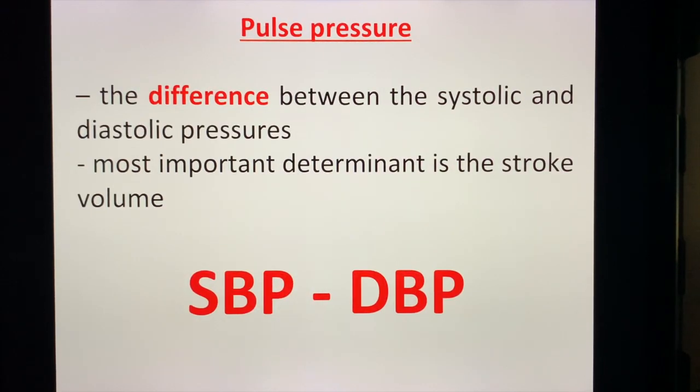Now let's put these two principles together. The pulse pressure is the difference between the systolic pressure and the diastolic pressure. If you subtract the diastolic blood pressure from the systolic blood pressure, this would be your pulse pressure. Now memorize this for the exam.